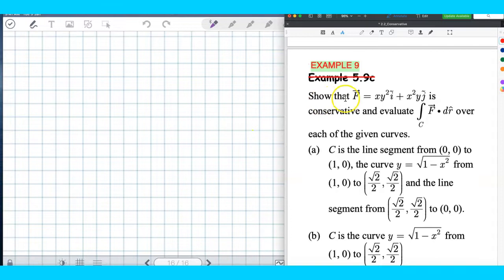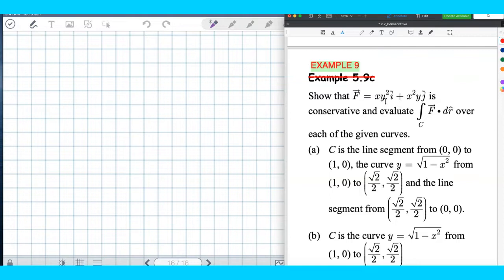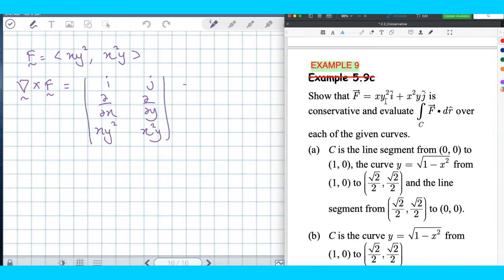First you have to show that the given vector field is conservative. You have 2D only. So F is (xy squared, x squared y). Now find the curl of F. I have only i, j components, so del x, del y, and the entries xy squared, x squared y, then find the determinant.